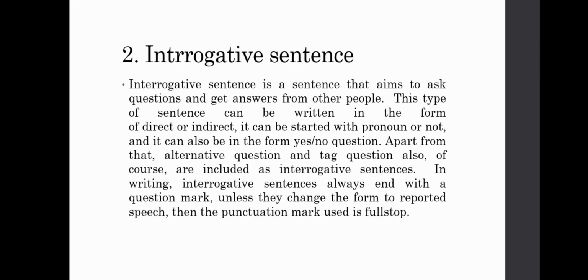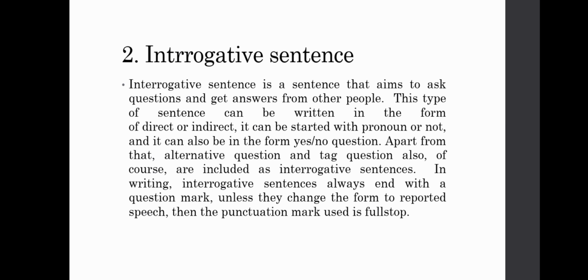Number 2, interrogative sentence. An interrogative sentence is a sentence that aims to ask questions and get answers from other people. This type of sentence can be written in direct or indirect form. It can be started with a pronoun or not, and it can also be in the form of a yes or no question.